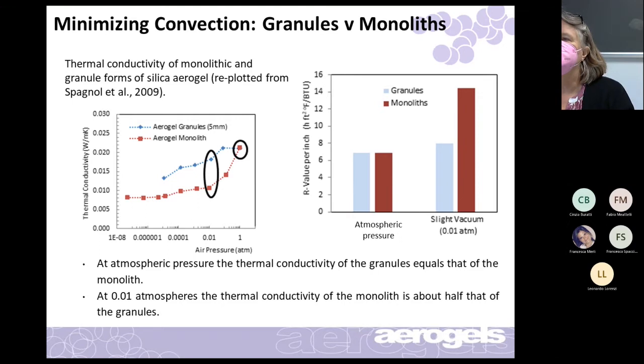Yes, for this reason. But then when you evacuate the monolith, I believe the issue with the granular, the little granule has that, but you also have air between the pieces of granule. I think that affects what's going on.